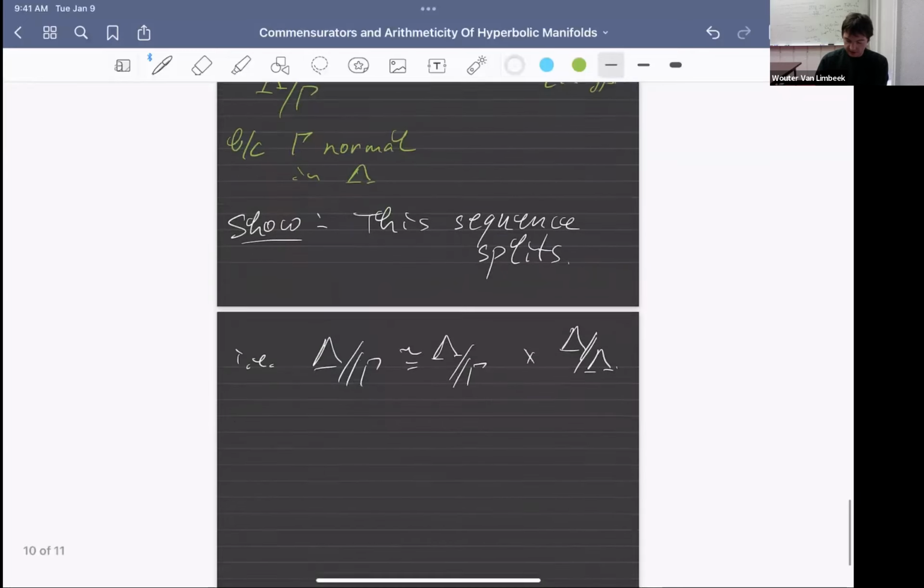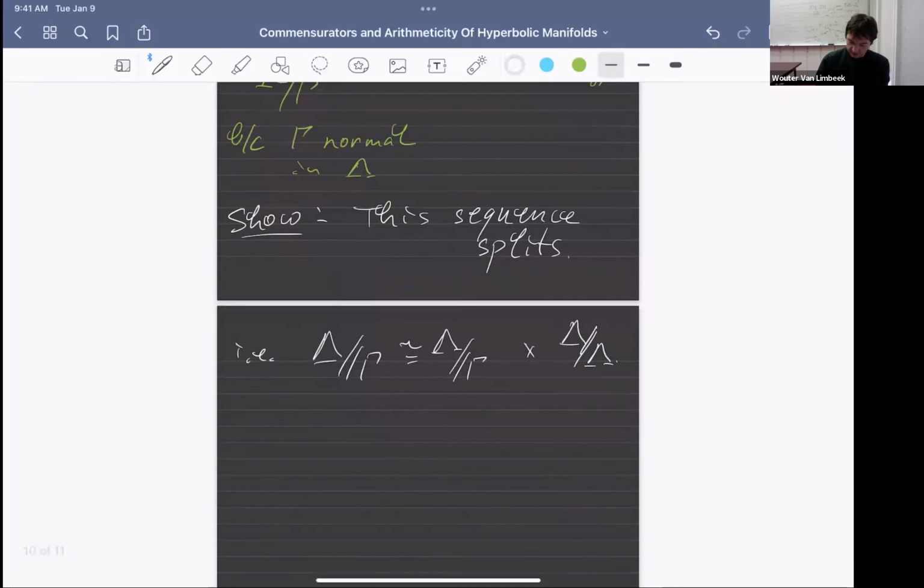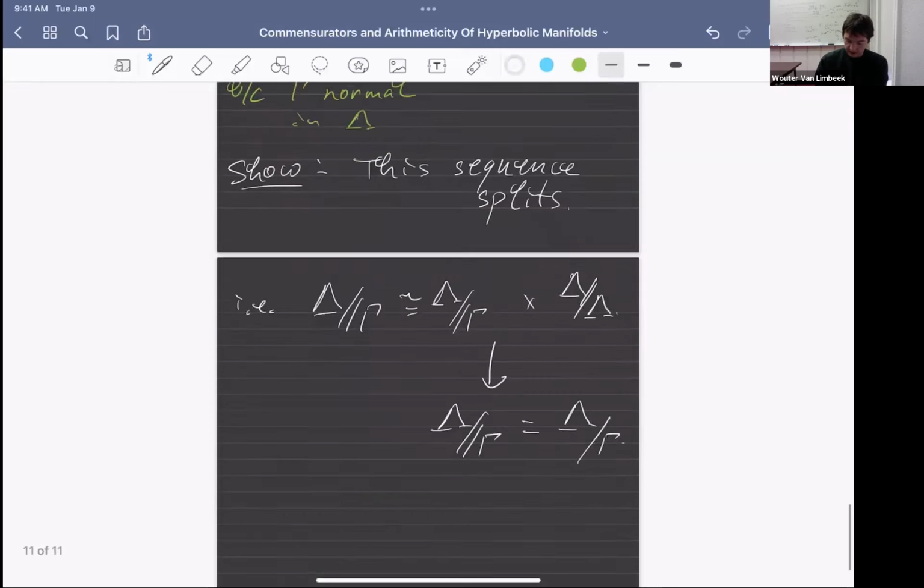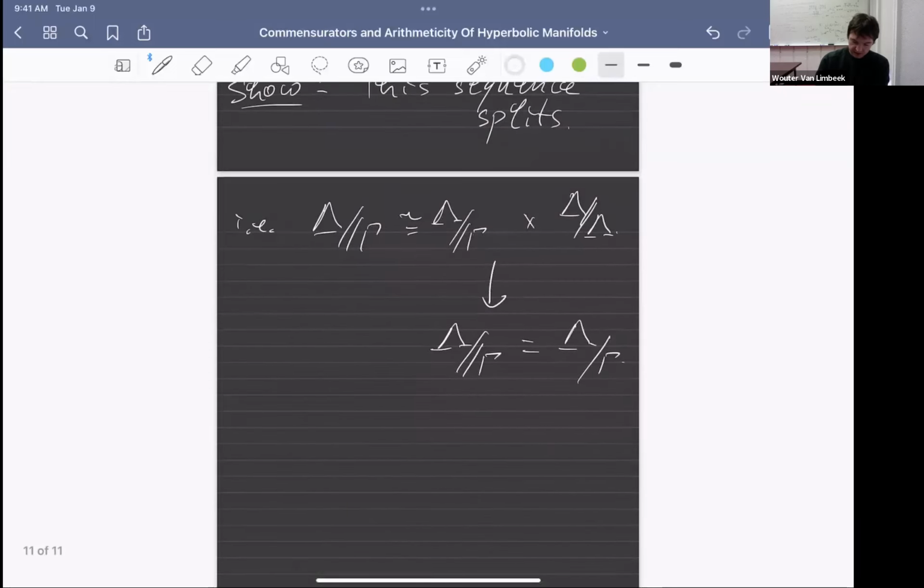Okay, it doesn't really matter. And now the punchline is that I can project to the first factor, which is a discrete group. If you now think of delta inside, what you built is delta to lambda mod gamma, a quotient of delta.